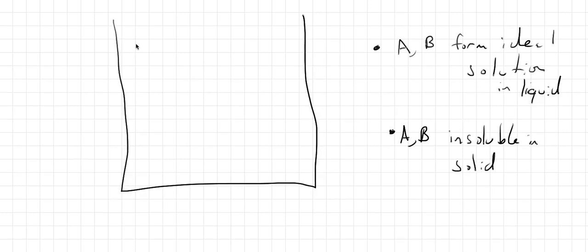Now if you do this, let's go ahead and say we've got mole fraction of B for our composition axis, and we've got our temperature axis. We've got the melting temperature of pure A. We've got the melting temperature of pure B.